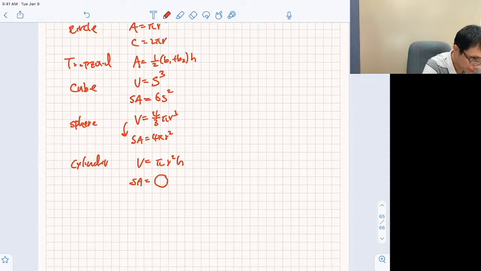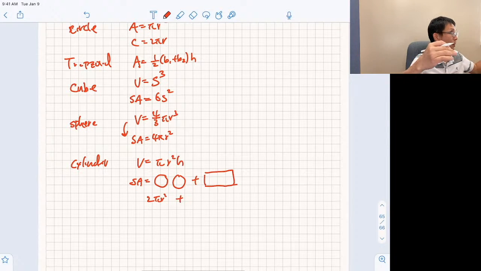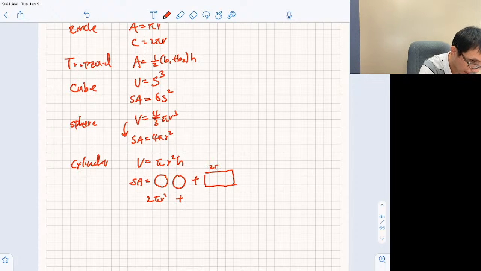So it's two circles, plus one sheet of metal. Just imagine you have a cylinder can. A circle is pi r squared, so two circles will be 2 pi r squared. Does that make sense? The sheet on the side is the circumference of a circle times the height, so it's 2 pi r h. That's equal to the surface area.